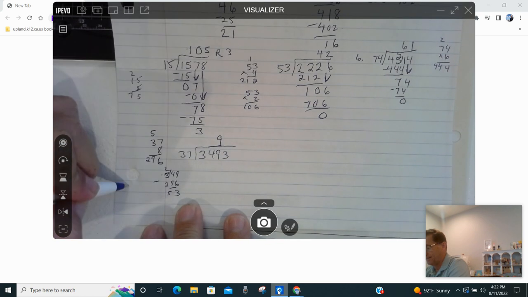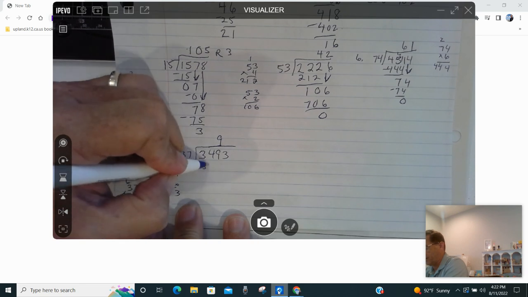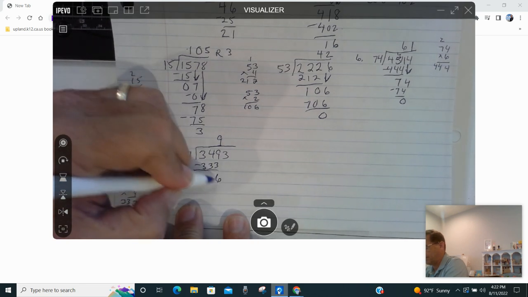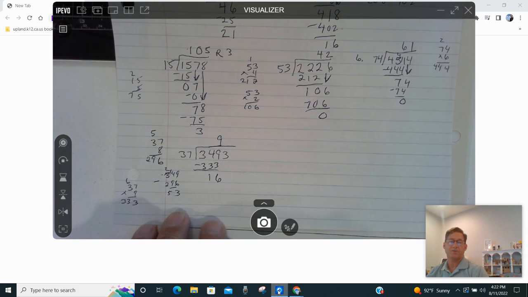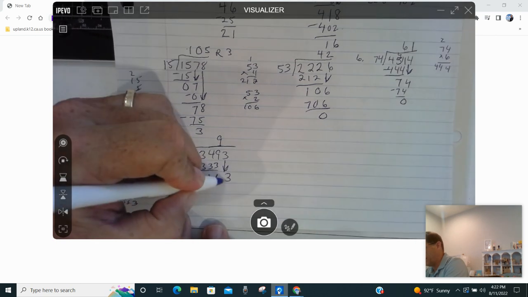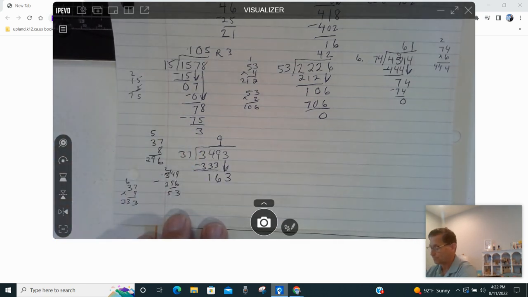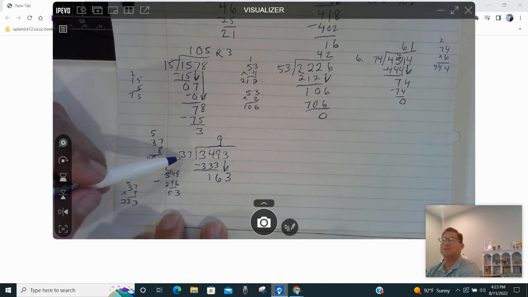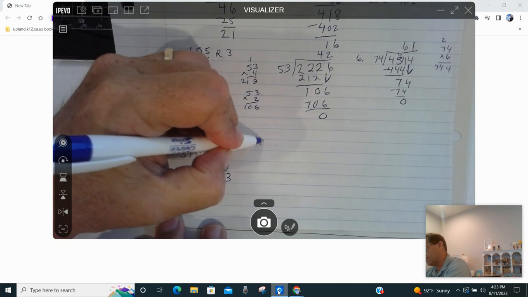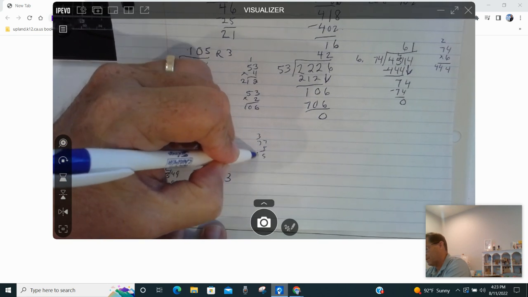What we want to do is 9. 37 times 9 will be 333. So 9 times 37, 333. Subtract that from 349. We get 16 and bring down the 3 ones. Uh, 5 times 37, 185.